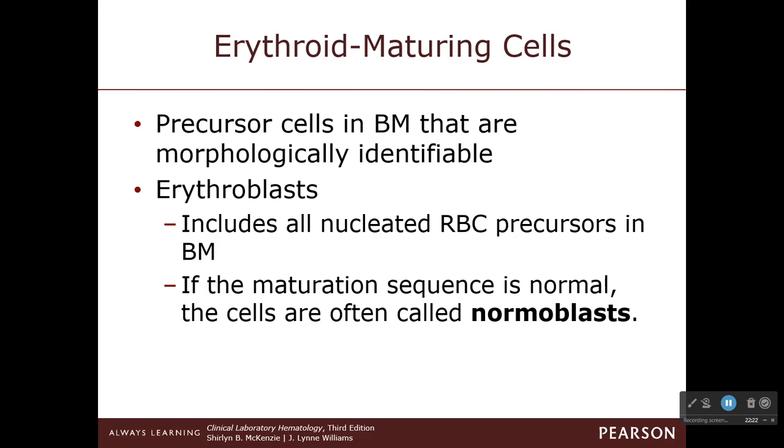If they're normal, in other words, the sequence is normal, their size is normal, everything is normal about their production, then we would refer to them as normoblasts. That's just another term that we'll use. Sometimes in lecture or looking in the book, it may say erythroblast. When it says erythroblast, it's not talking about any particular one, it's just talking about any of those that are nucleated.